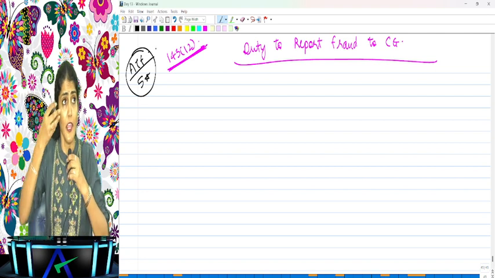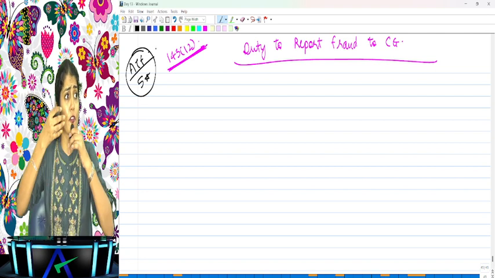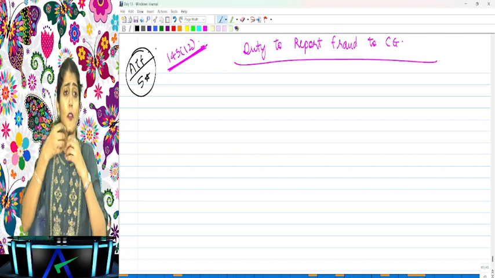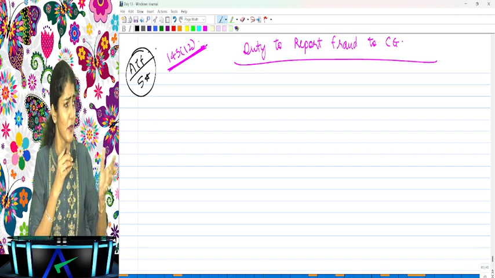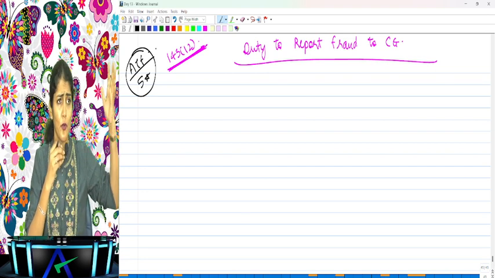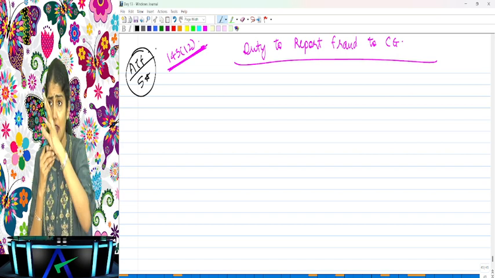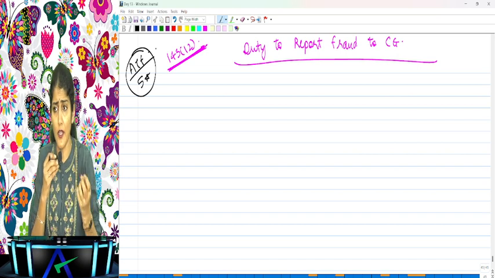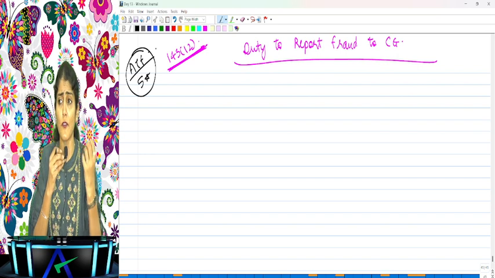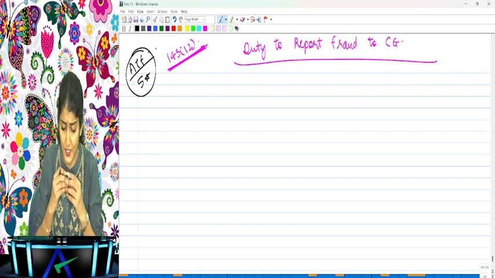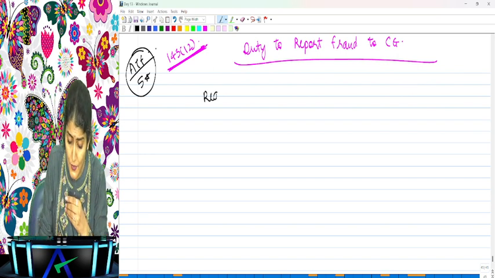What does it say? If an auditor, in the course of performance of his duties as an auditor, just doing my normal audit, true and fair risk assessment procedure, TOC, substantive and all, has reasons to believe, not reasons to suspect.